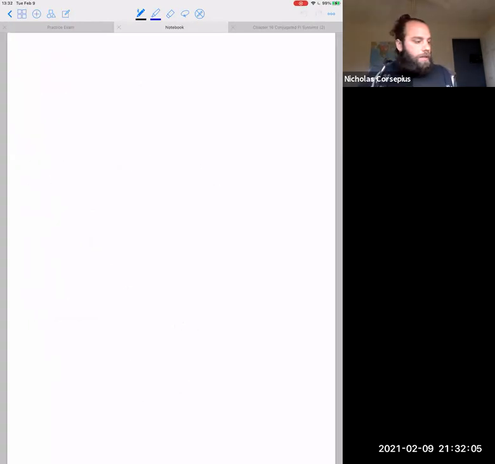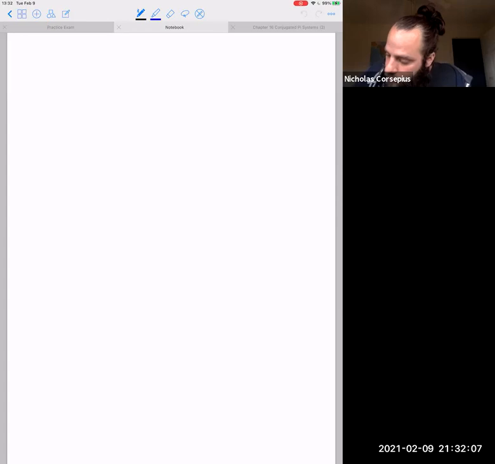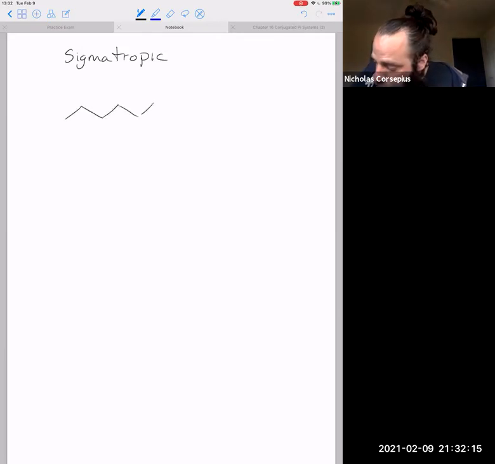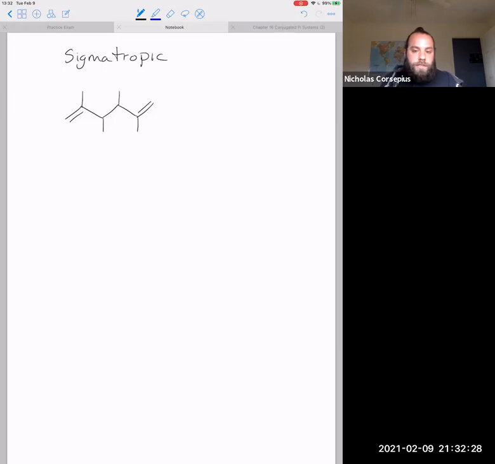All right. The next one I wanted to do is a sigmatropic reaction. And again, just to be a huge pain, I want to make sure that everybody knows how to rotate these molecules into the correct conformation. I'm going to give you this as a linear chain, and you're going to have to rotate this into what?